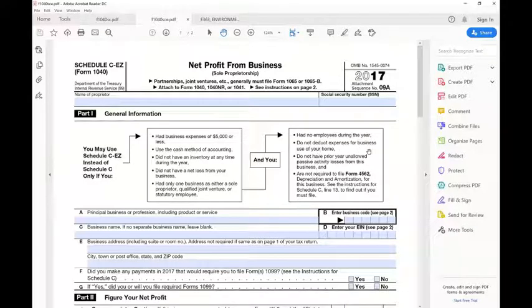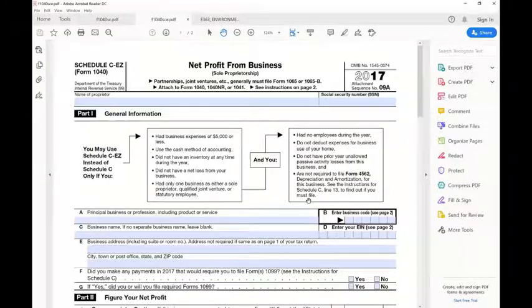Don't deduct expenses for business use of your home. Don't have prior year unallocated passive activity losses from this business, and are not required to file Form 4562, depreciation and amortization, which means that you don't have accrual basis, because the requirement here is to use a cash basis.